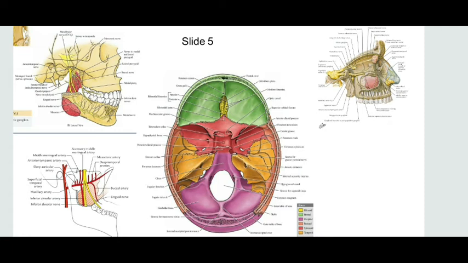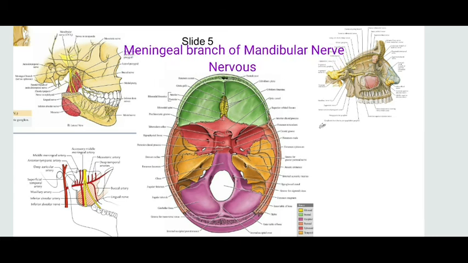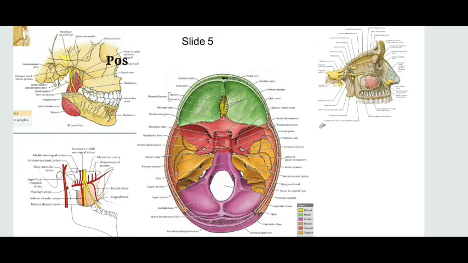The foramen spinosum transmits the middle meningeal artery, the meningeal branch of mandibular nerve, which is known as nervus spinosus, and the posterior trunk of middle meningeal vein.